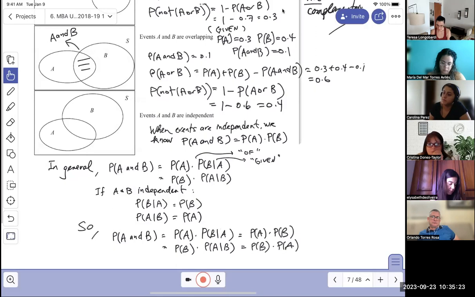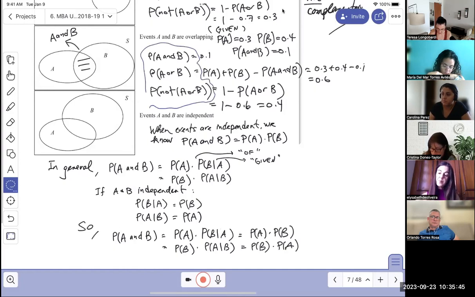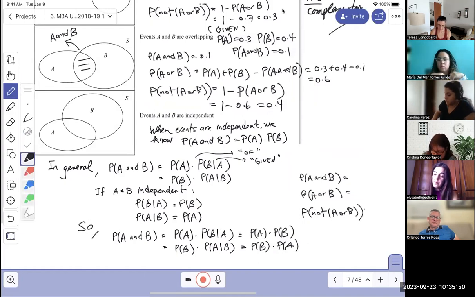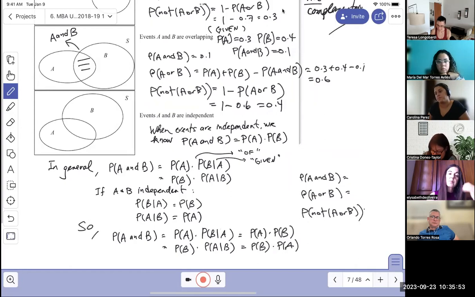All right, so let's finish off with getting these, and then we still have time. So we want to get the probability of A and B, A or B, and not A or B. So A and B would be?